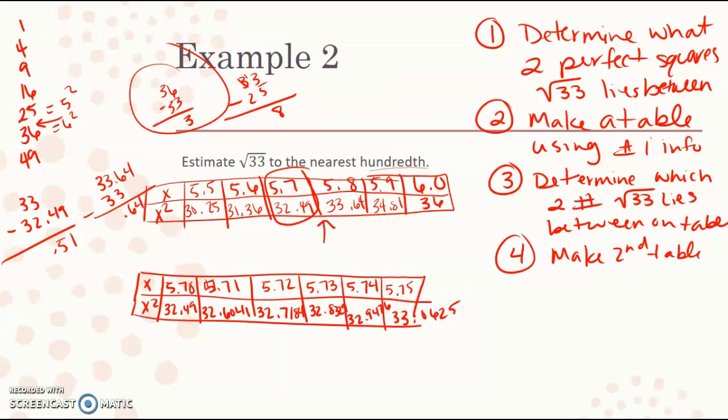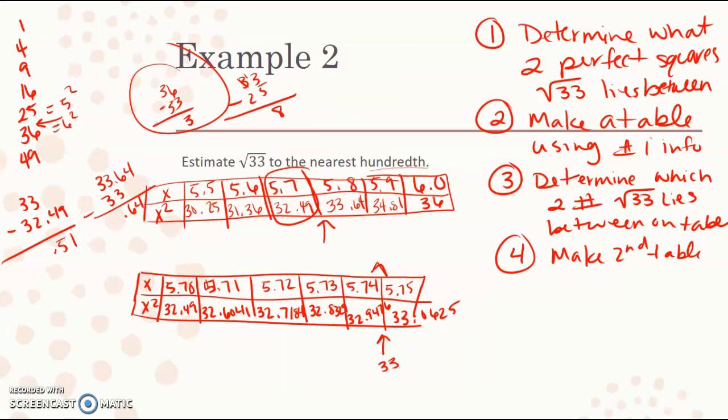All right. So I know that we fall between these two, because here we are at 32.9476 and here we are at 33.0625. So 33 lies in between those two numbers.